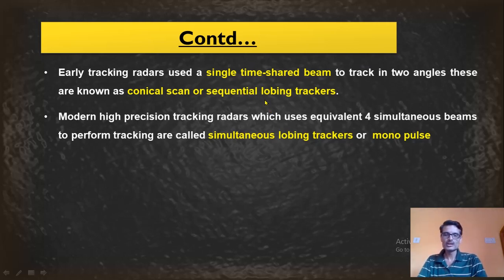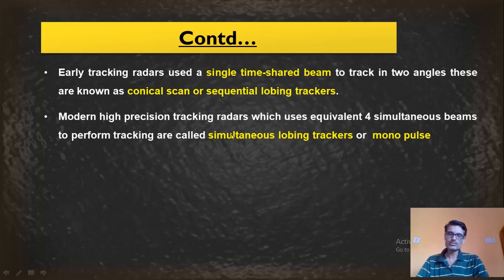That means the same one antenna is used and it is shifted in two directions in a time shared pattern. So that was not very accurate. Examples of such tracking radars are conical scanning and sequential lobing tracking radars. In these two methods, the beam shape is shifted on a time shared basis using a single antenna. So it is not accurate.